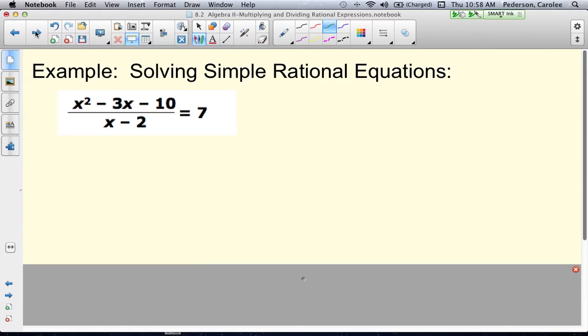All right, we're going to go ahead and do one more of these, and then we are, I believe, done with our lesson. So we want to solve this equation. So first check to see if it's factorable. If it's not, then we're going to use cross multiplication. So let's talk about the numerator. The numerator can be factored using the t-chart.